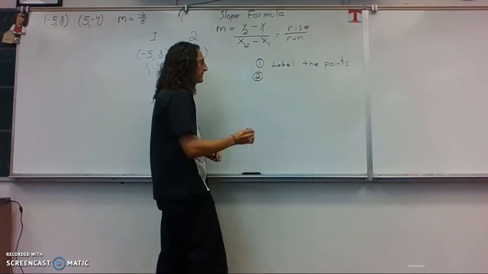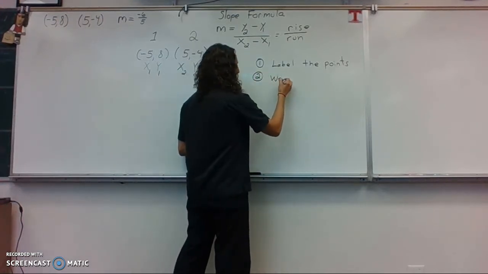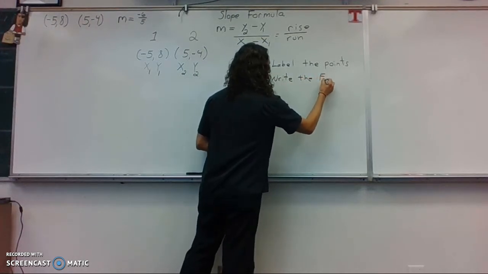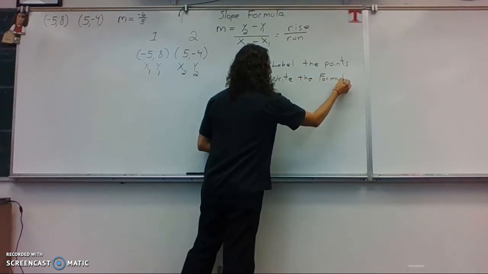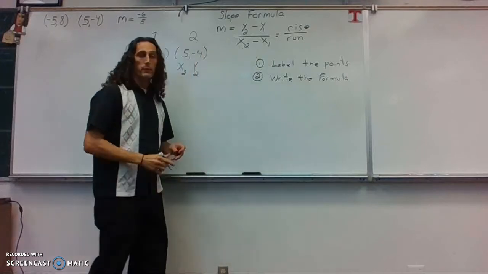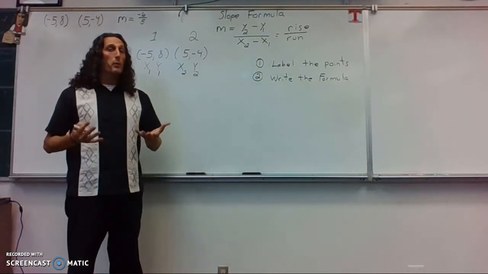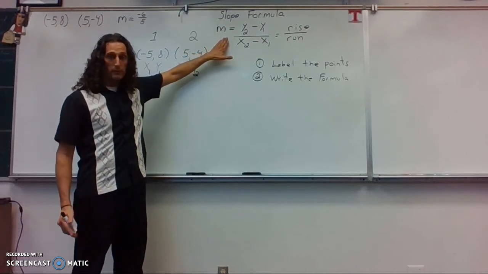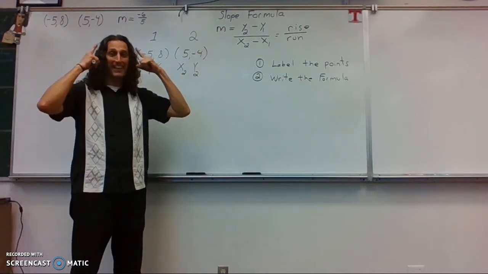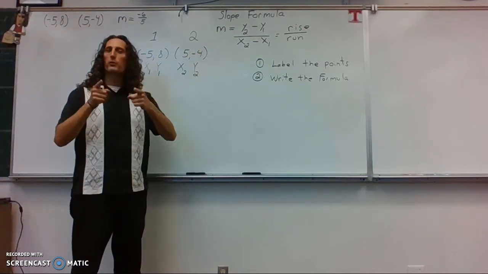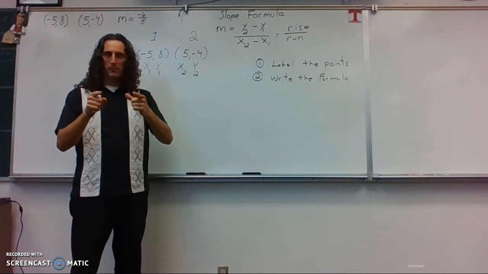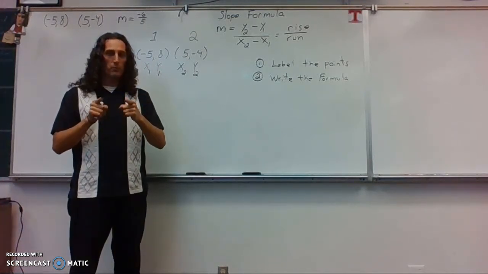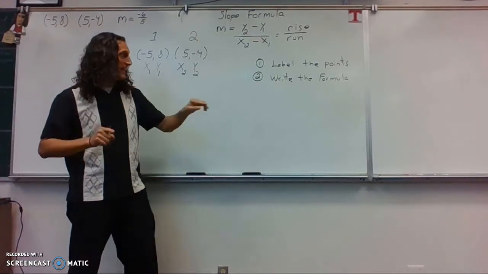All right? The second step is write the formula. Right? You're going to have to memorize this formula. So it's going to have to go from your paper to your mind, and it's going to have to sit in your mind. But don't worry, I'm going to help you. Because when I look at your homework, every single problem that involves slope formula, you're going to have to write it out.